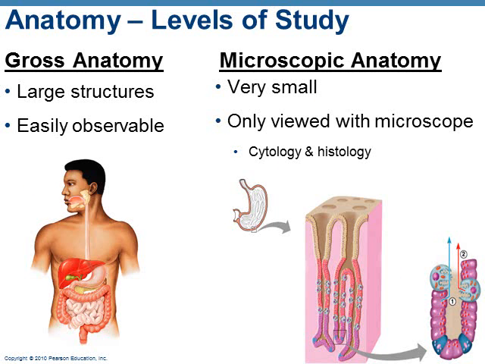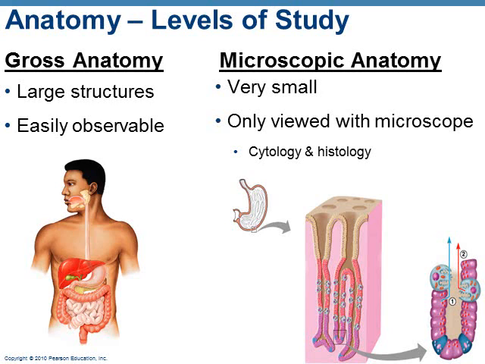You can't understand how the body works unless you know how it's put together. We're going to break anatomy down into two big concepts. We have gross anatomy and microscopic anatomy. In gross anatomy, we're thinking about large structures that we can see with your naked eye. So for instance, studying the heart as a whole would be an example of gross anatomy. Studying the liver or the pancreas, things like this.